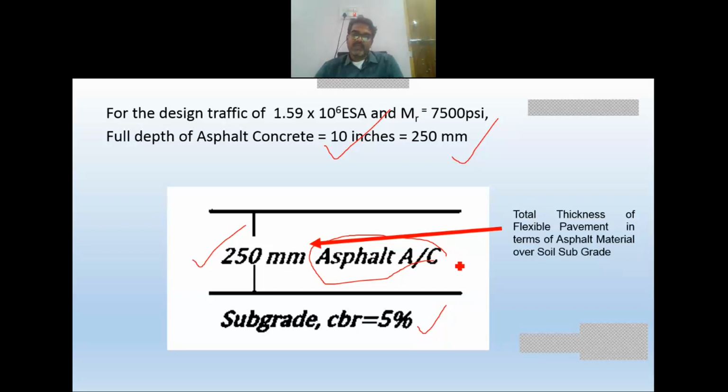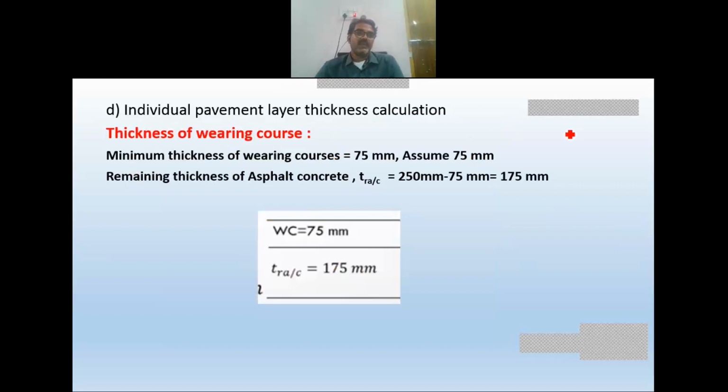So now we need to divide this 250 mm asphalt layer into 3 layers. One could be an asphalt layer of some minimum thickness, another layer could be base course, and the other layer is sub-base. Now this is sub-base, this is base course, and this is the asphalt layer. But the Asphalt Institute method provides us the thickness in terms of asphalt layer thickness, 250 mm asphalt. Therefore, the next step could be calculation of individual pavement layer thicknesses.